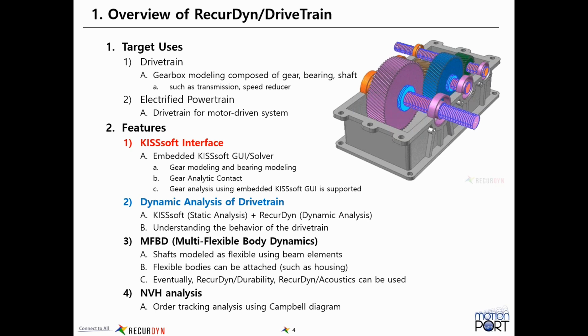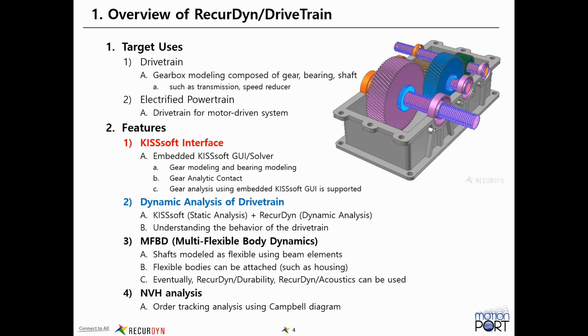Some of the main features of this interface is the interface to a software called KSSoft. The advantage of using KSSoft is that it's a software that focuses on gear and bearing modeling, and it has a gear analytic contact.